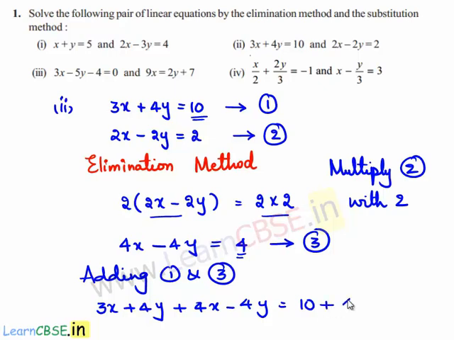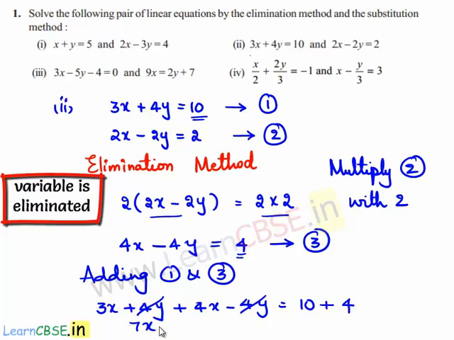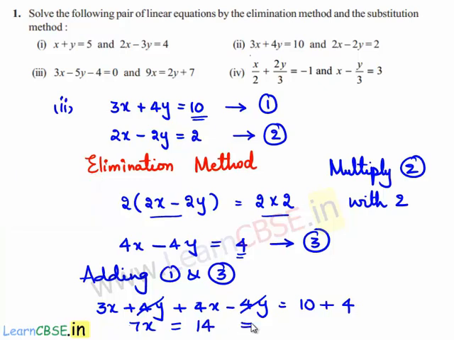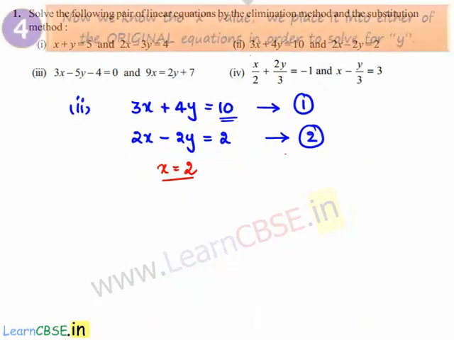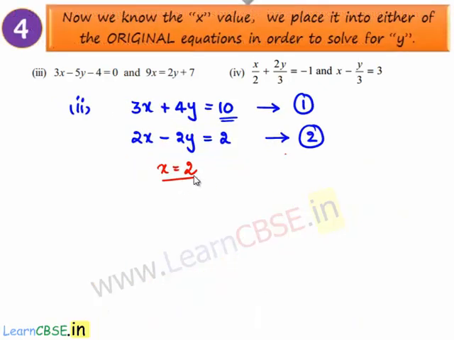So this becomes 10 plus 4. 3x plus 4x is 7x, and 4y and minus 4y will be cancelled. So this becomes 7x is equal to 10 plus 4, which is 14. That implies x is equal to 14 divided by 7, which is nothing but 2. We have found the value of x, which is nothing but 2. So the value of x is 2.